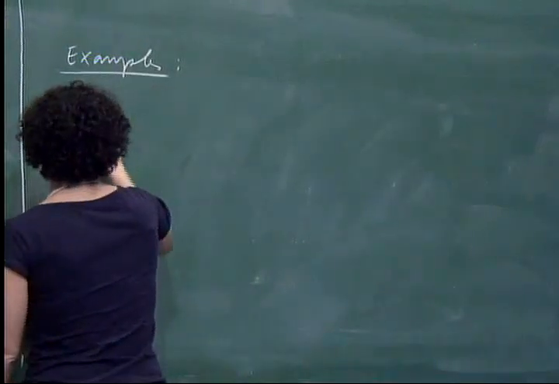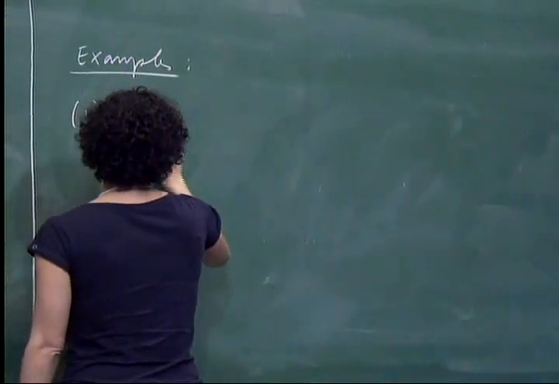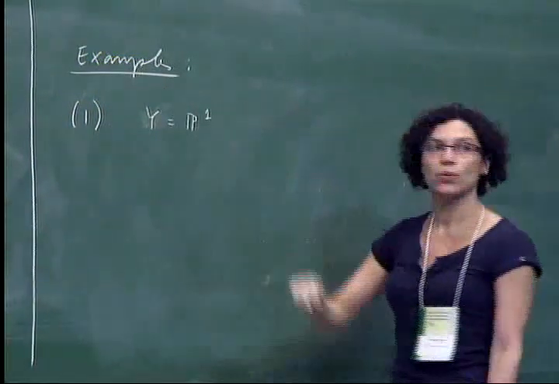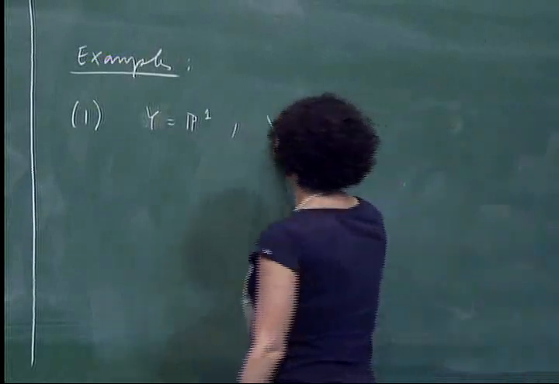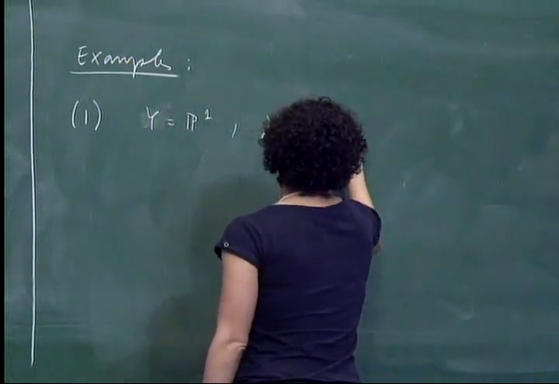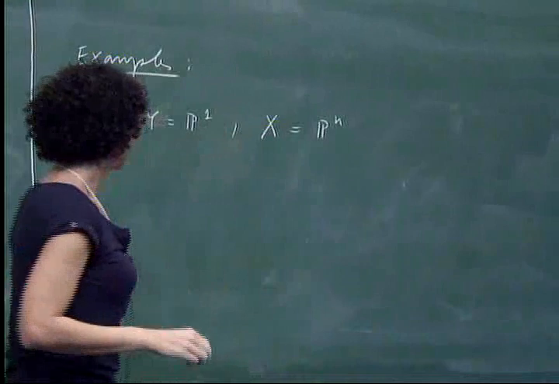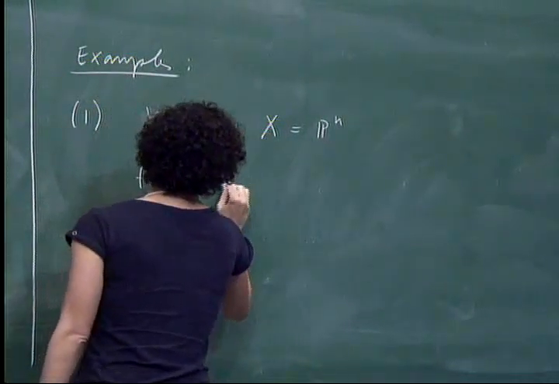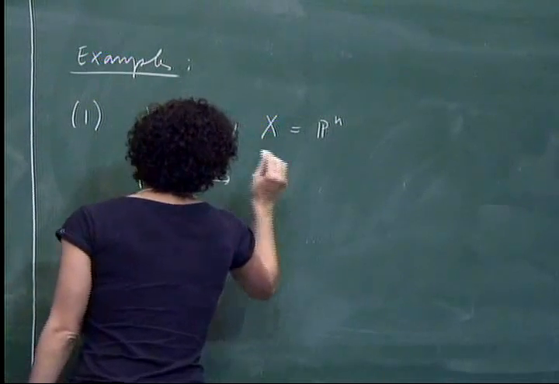So first, again, let's take Y to be P1. In the end, this is what we are going to be mostly interested in, and X to be the projective space Pn. So what does it mean to give a morphism from P1 to Pn?